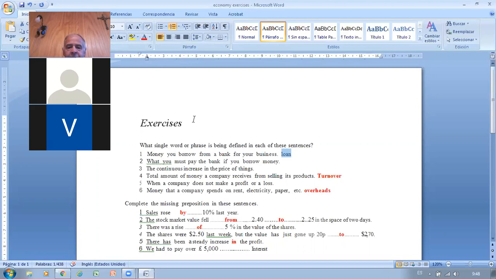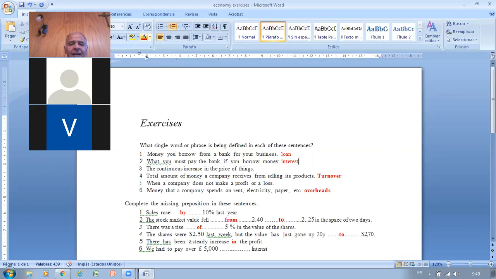Then, what you must pay the bank if you borrow money. If you know, you can tell me. Interest. Interest, that's right. I'm going to use red. Interest, right. Then, the continuous increase in the price of things. Can you tell me that?